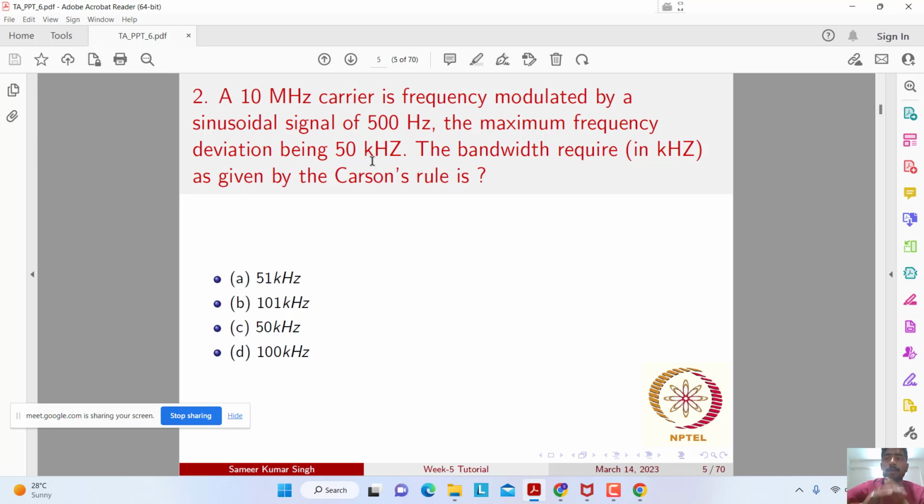Okay, we will wait for other responses for one or two minutes. So just apply the Carson rule. We have three data: fm, sorry, fc, fm, and delta f. What do you say? B or D? Okay, we will check.